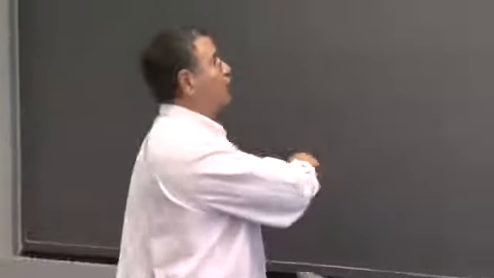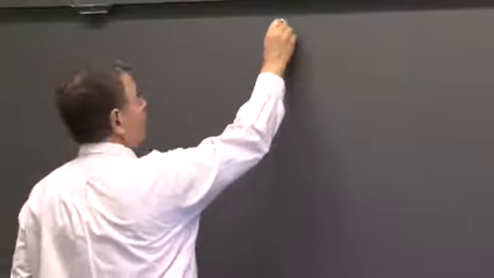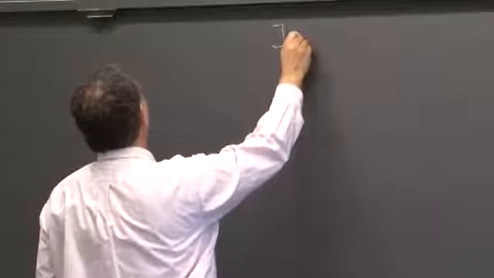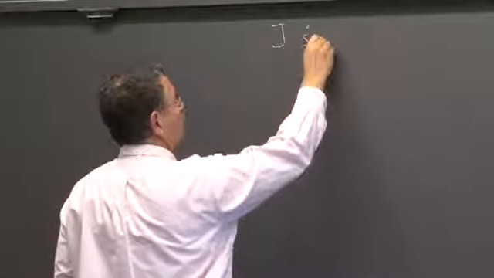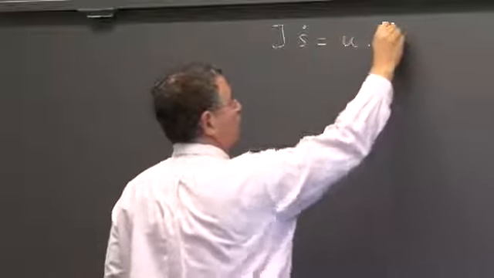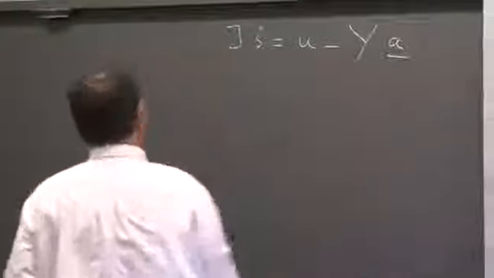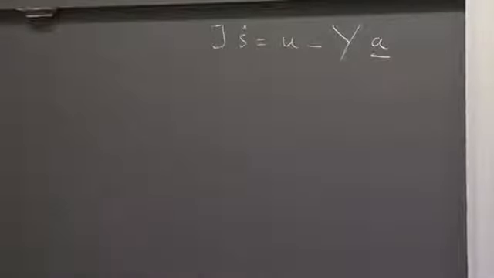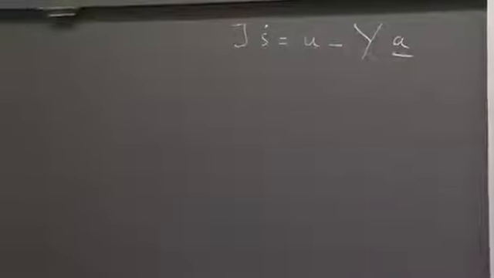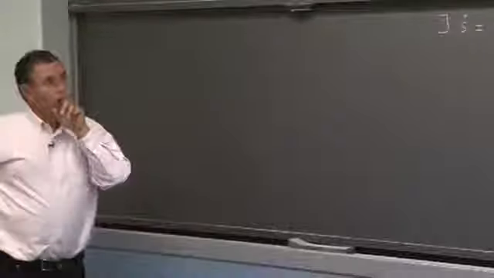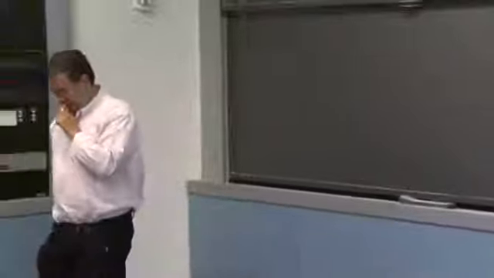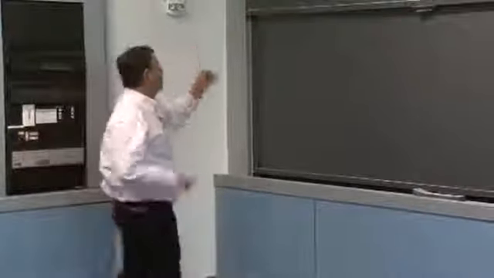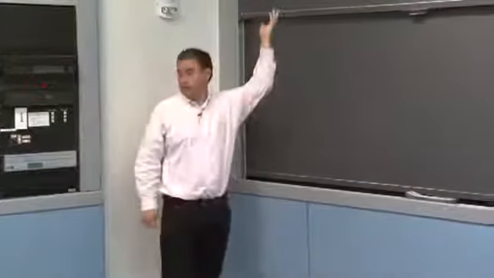So let me rewrite this equation here. J S dot is equal to U minus Y times A. Suppose now that we say, okay, we'd like V dot to be negative.